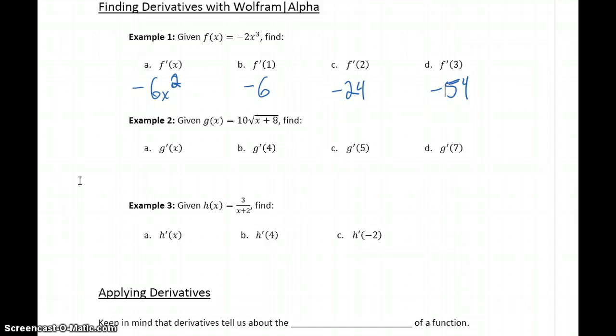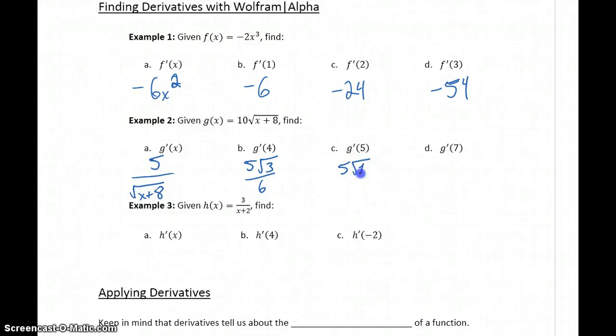So in example 2, we get the derivative to be 5 over root x plus 8. We get our result of evaluating the derivative at x equals 4 to be 5 times root 3 over 6. Whether you use this answer or the answer with the radical in the denominator doesn't matter to me. They're both equivalent answers.